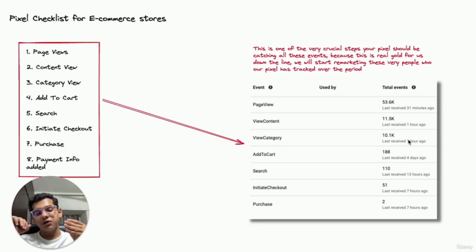Earlier, Facebook used to provide this. Let's say there were 10 purchases happening on your website. Facebook would be able to tell you that out of those 10 purchases, 6 people were female, 4 people were male, and 6 people were in the age group of this, and the remaining people were this.